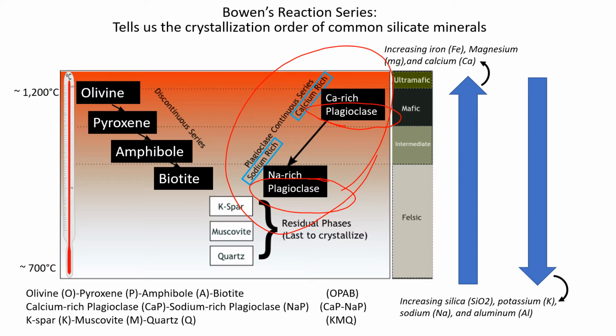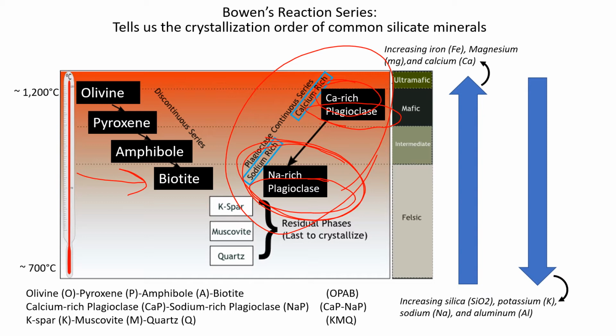At high temperature, Bowen noticed that the first plagioclase crystals to form in the melt were calcium-rich. And then at lower and lower temperatures, as plagioclase was crystallizing more and more, it was becoming more and more sodium-rich, so that by the time you get down to about the same crystallization temperature as biotite, the plagioclase that's now crystallizing is sodium-rich rather than calcium-rich.